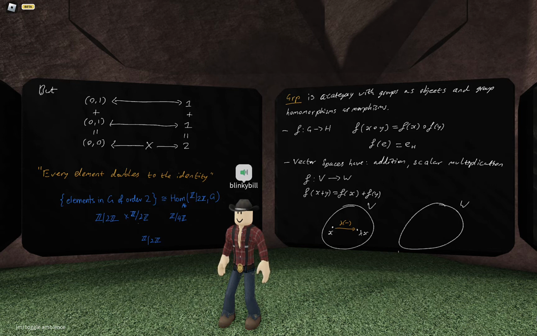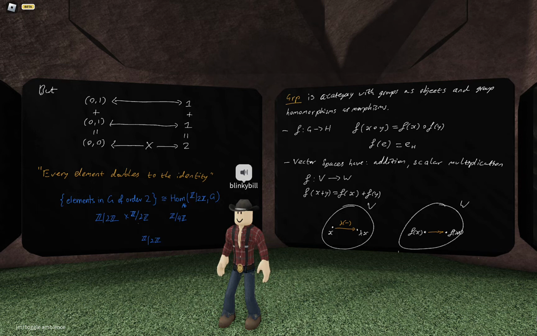So doing the same trick of saying, all right, I want the same shape thing to also appear in the structure here. We want f of x and f of lambda x, and between them is scalar multiplication here.